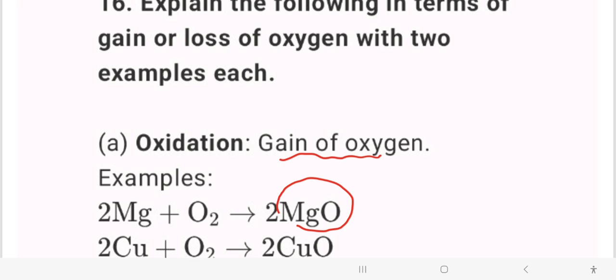In the first basic example, activity 1, there we observed this one. And similarly, when copper is burnt, it reacts with the oxygen present in the atmosphere to form copper oxide. So both these are examples of the oxidation process.